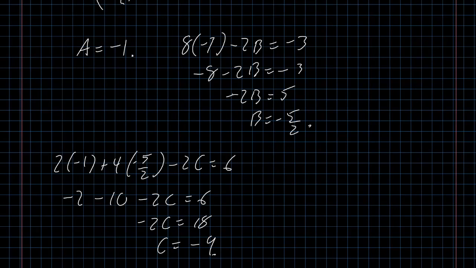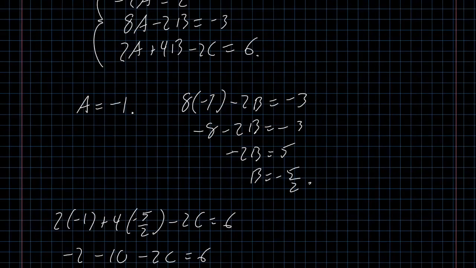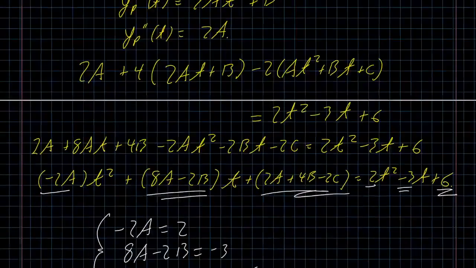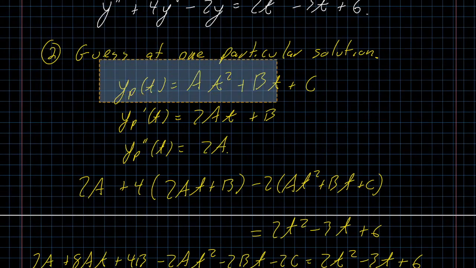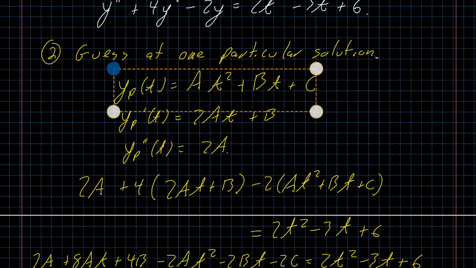All right, now a bunch of backtracking. If I scroll up just a little bit here, I can remind myself that I was looking for a particular solution in this form.